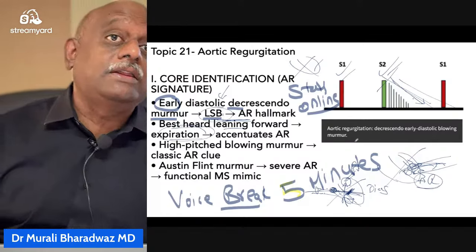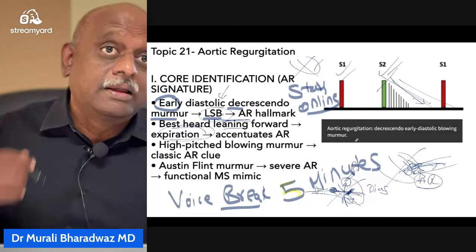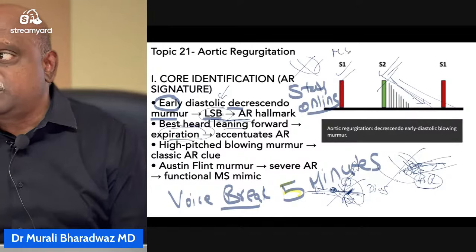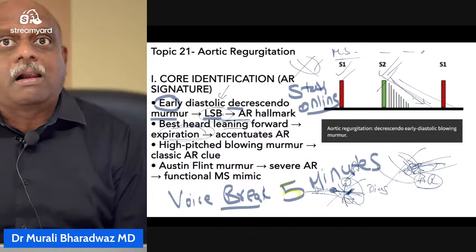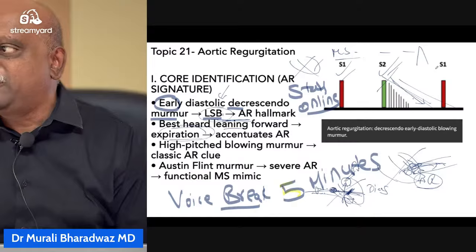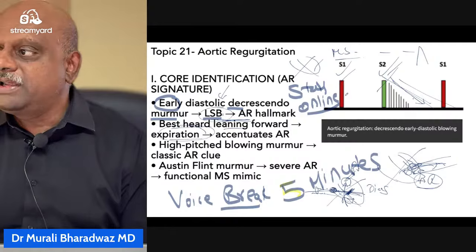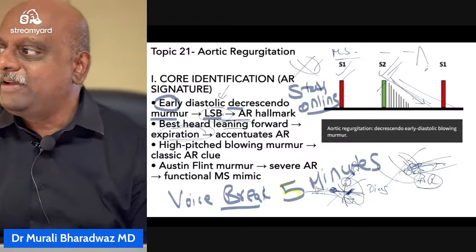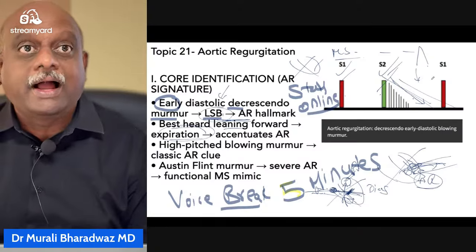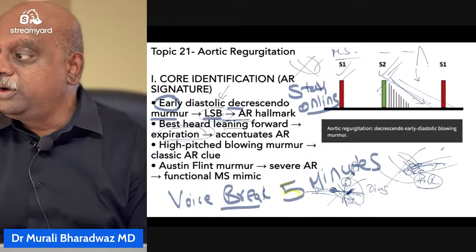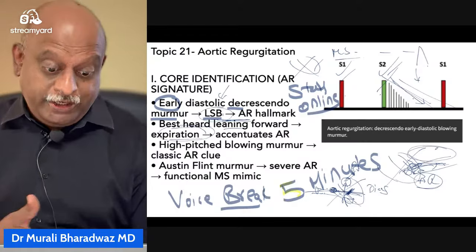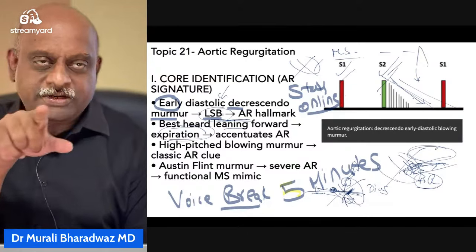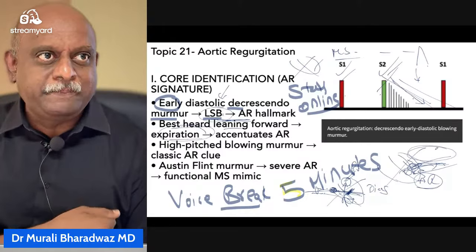Then, will you listen with the diaphragm or bell? If it is mitral stenosis, lub, dub has a high amplitude, low frequency. Whereas here, lub, dub has a low amplitude, high frequency. So you need to use the diaphragm. You need to press the diaphragm so hard that the shape of the Littmann should imprint on the chest.